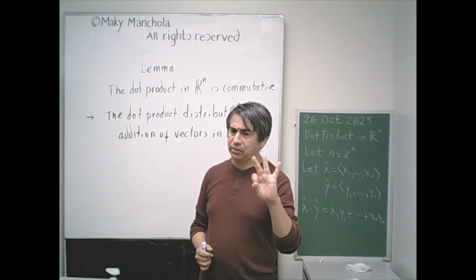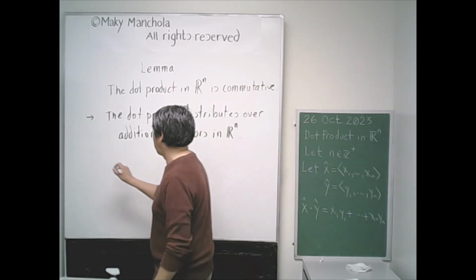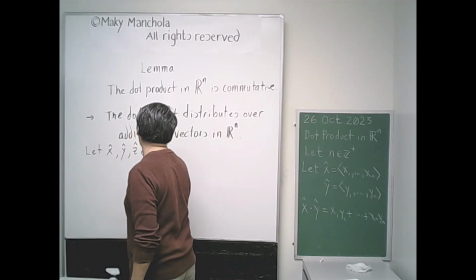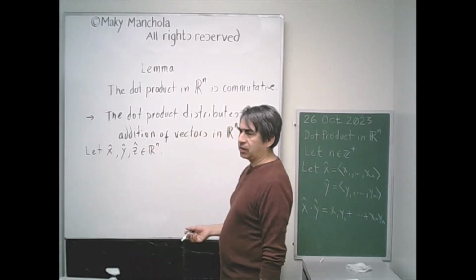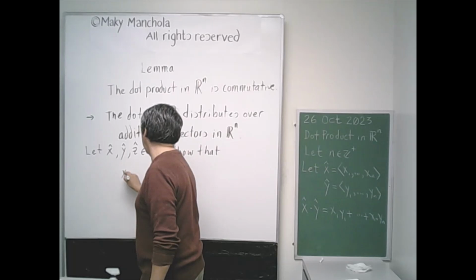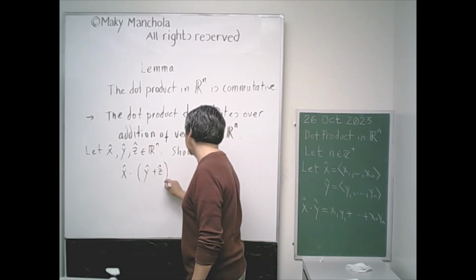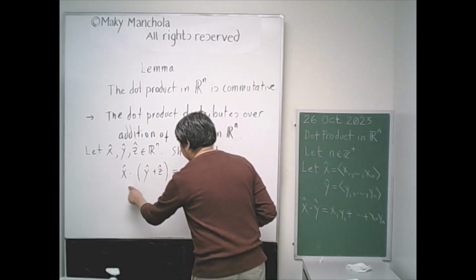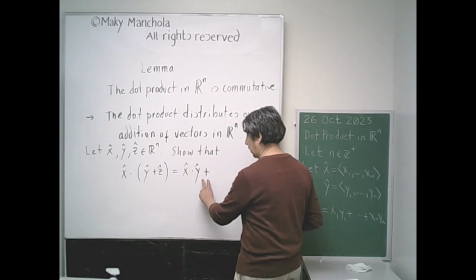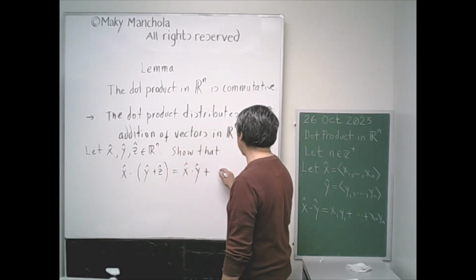Pick 3 vectors in Rn, x hat, y hat, z hat, and show that the dot product of x hat with the sum of y hat and z hat equals the dot product of x hat and y hat plus, this is addition of real numbers, the dot product of x hat and z hat.